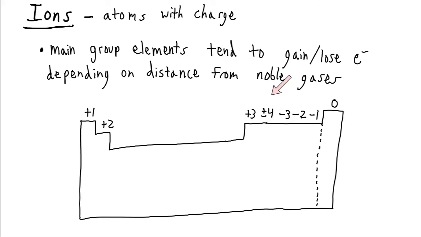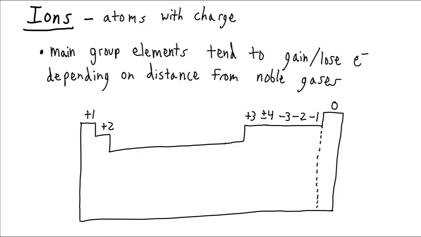Now here in group 4A, we could either gain 4 electrons or we could lose 4 electrons. Either one would put us in this column here. So this gives us an indication of what ions we expect to be formed by the main group elements. Now this insight doesn't work quite as well for the transition elements, so we'll mostly use this for predicting ions formed by our main group elements.